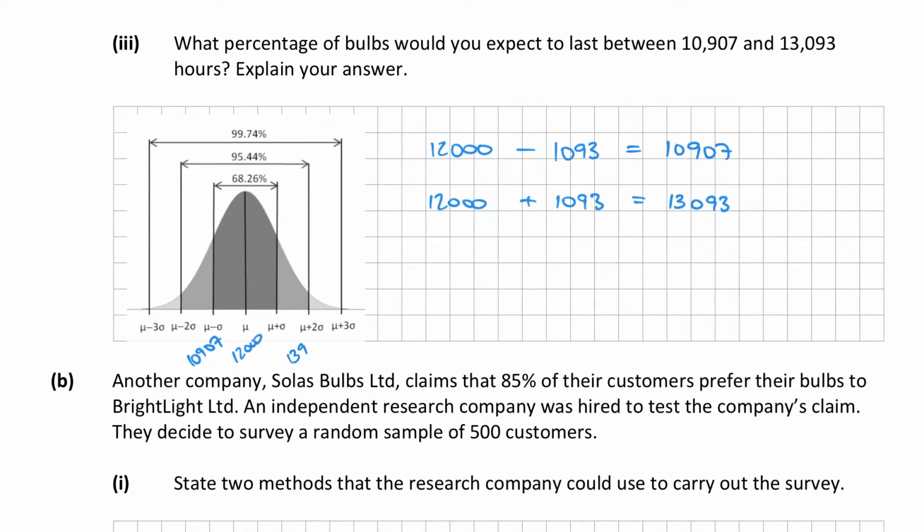I should put that over further, sorry. So we're looking at all the data that falls in here. And we know from the empirical rule that that represents 68% of the data, right?